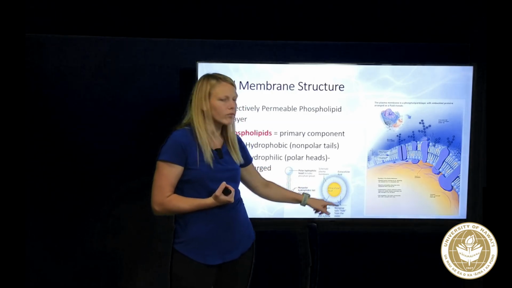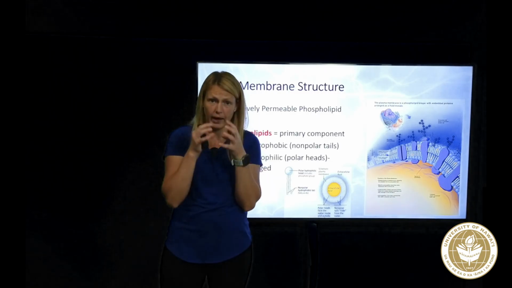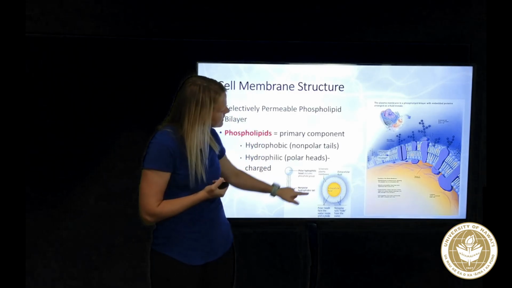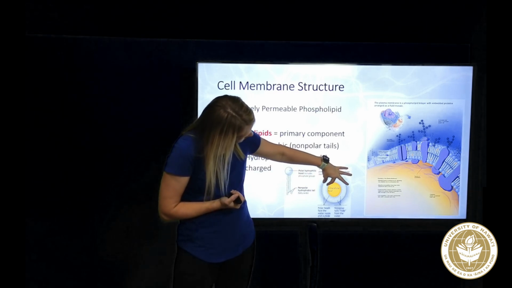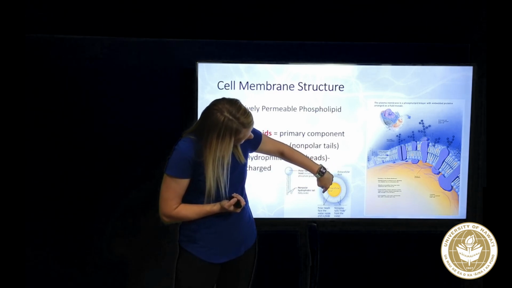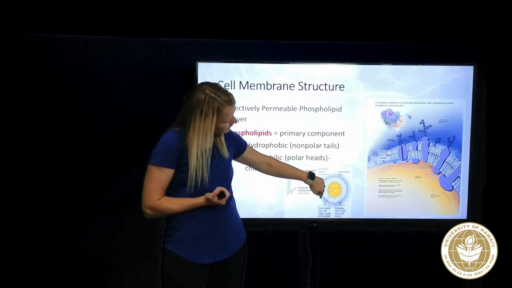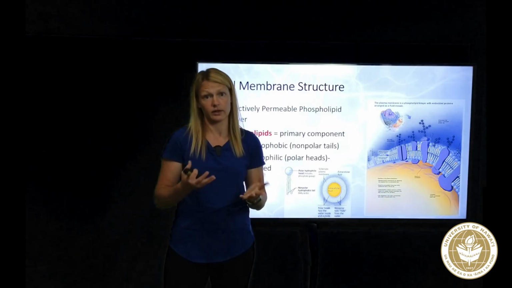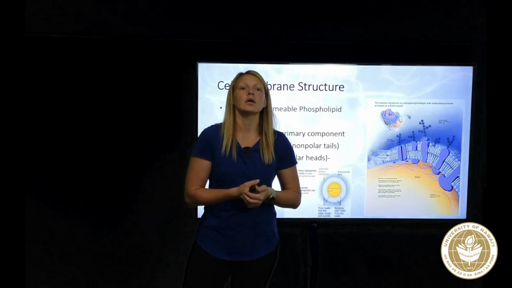So the head region of the phospholipid is by water because it's hydrophilic, it likes water. Whereas the tails orient towards each other, so they are on the inside portion here, not exposed to any water because the tails are hydrophobic, or water-fearing.